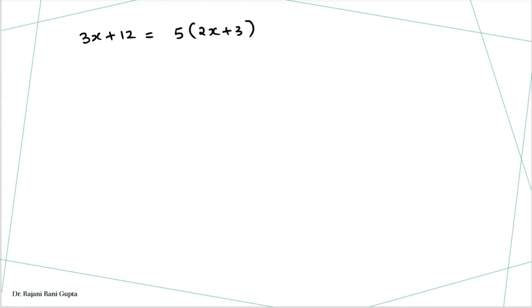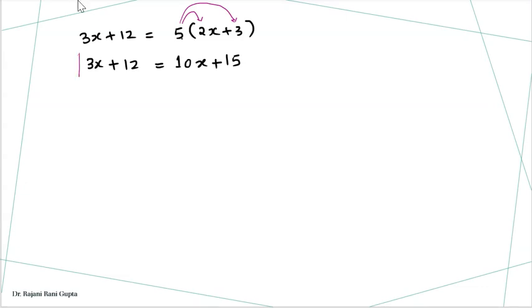And when we multiply, how do we do this? We multiply 5 with 2x, the first term, as well as the second term, giving us 3x plus 12 equal 5 times 2 is 10x and 3 times 5 is 15.